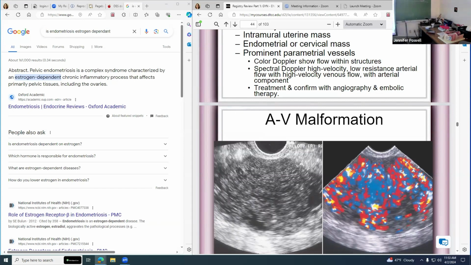It's basically where they inject some sort of small particles to basically cut off flow to those veins and arteries, and then it ends up dying off. They can do the same thing for really large fibroids. They can embolize them, and then they will die without any sort of blood supply.